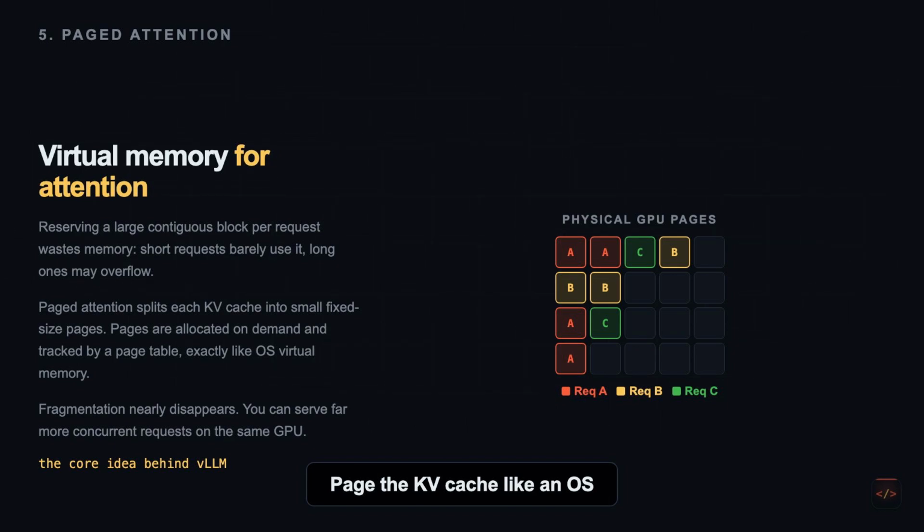Instead of one contiguous block, it splits each KV cache into small fixed size pages, allocated on demand and tracked by a table. Memory gets used only as a request actually grows, and fragmentation nearly disappears. The payoff is that you fit far more concurrent requests on the same GPU, which directly raises throughput. It is virtual memory, but applied to attention.